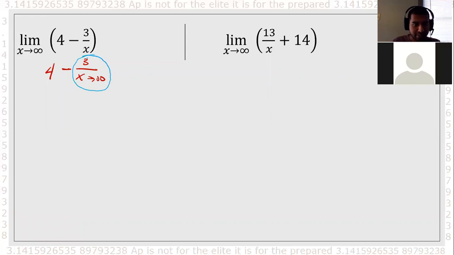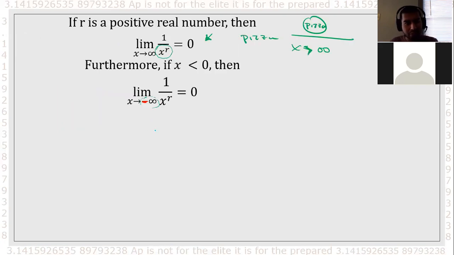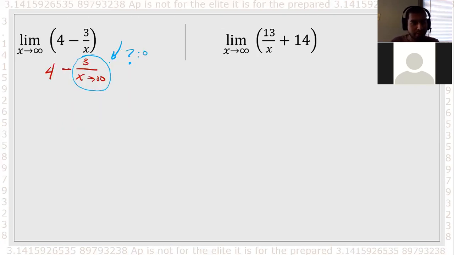My 3 is being divided by a very, very large number that we can say is infinity. What can we say about this fraction? Equal to 0, you said? Yep, because of the notes before, it's going to equal 0. So it's just going to be 4 as our limit because all of this goes to 0.